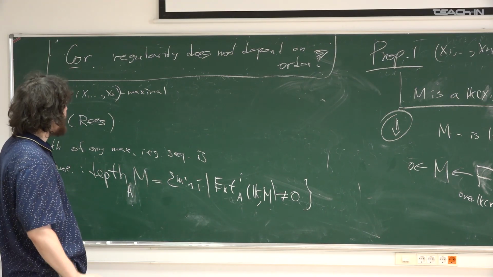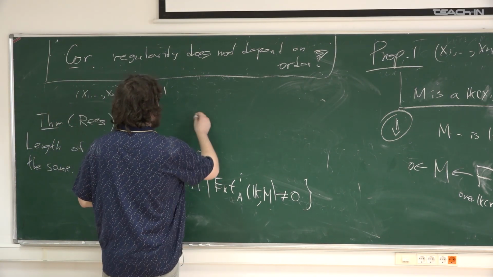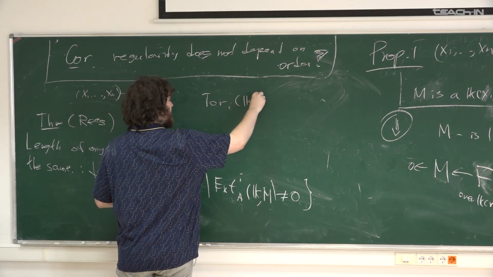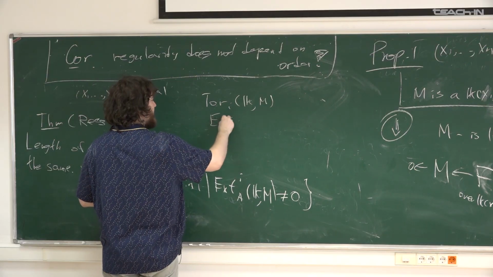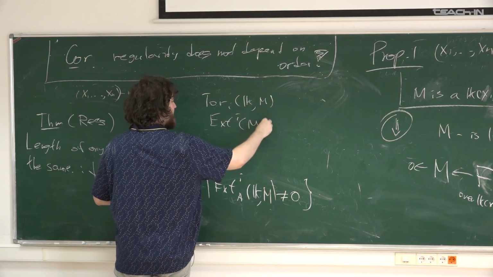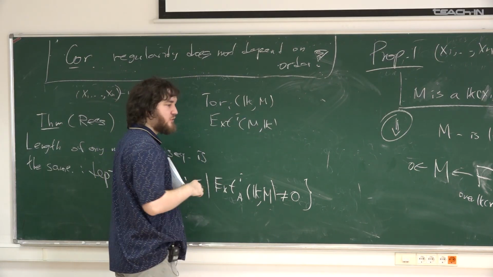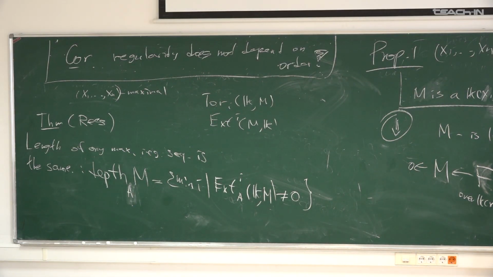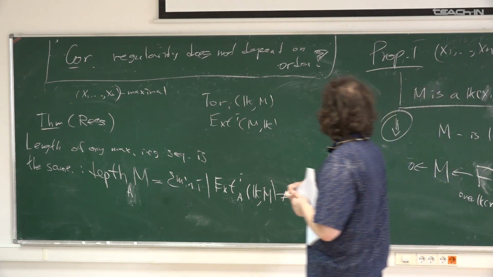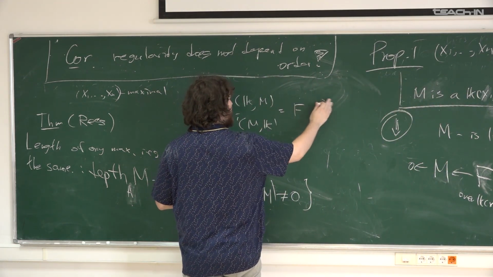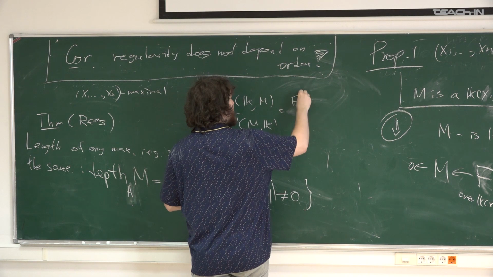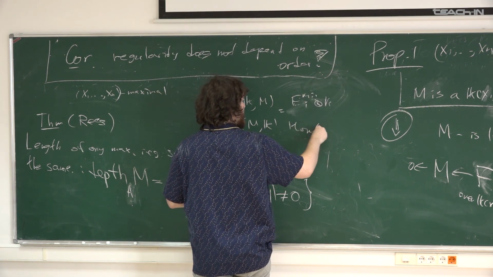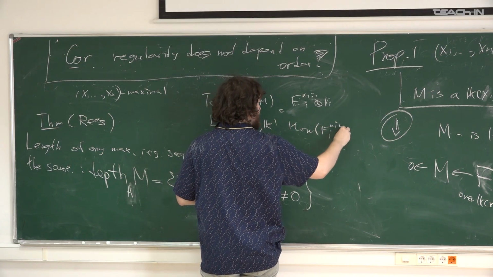I recall that we know from minimal resolutions we can calculate something like this and something like this from M to k, because if you have a minimal resolution, Hom to k makes all differentials vanish, and these things are just isomorphic to more or less the minimal i tensor k and Hom from minimal i to k.